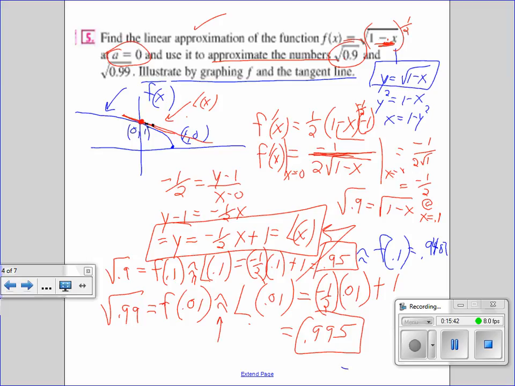How about this down here? This is approximately equal to the square root of 0.99. And what's that? Let's see, 0.99.